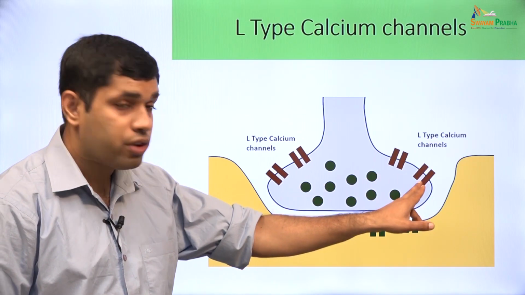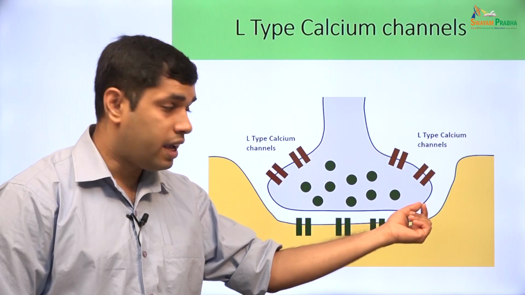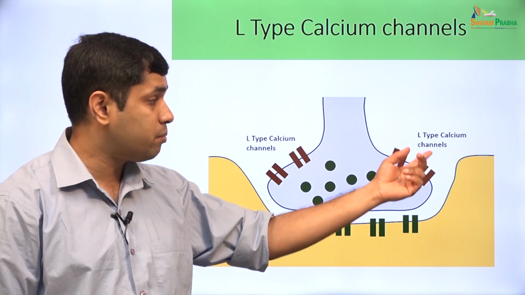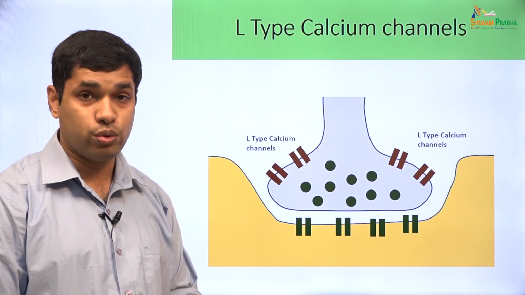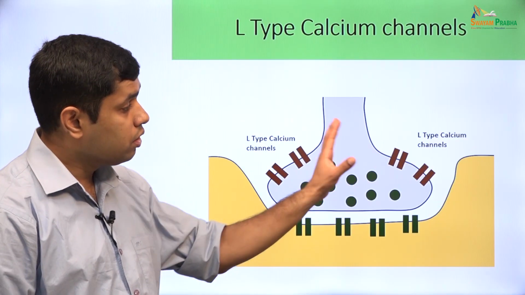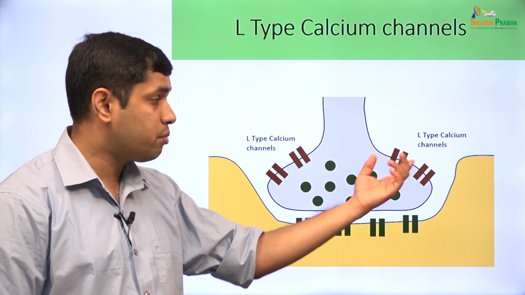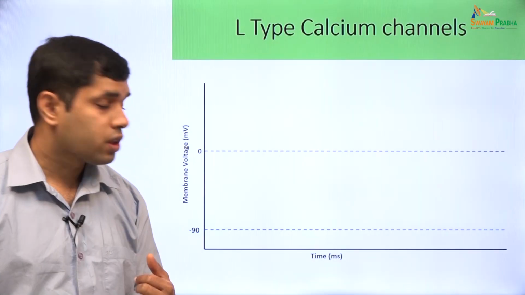L-type calcium channels are present in the axon ending. So when the action potential reaches the axon ending, there's a depolarization. This depolarization opens the L-type calcium channel, causing calcium to enter in, and therefore you have exocytosis. So this is a major region in synaptic transmission as well as in the neuromuscular junction, where L-type calcium channels help in the increase of intracellular calcium.